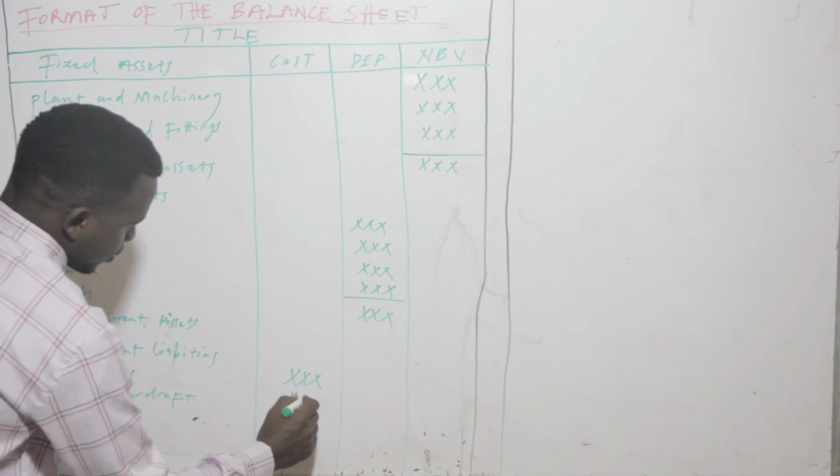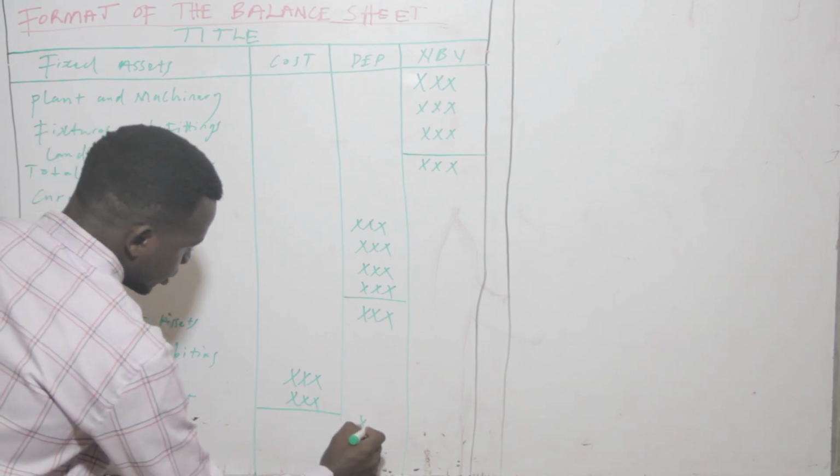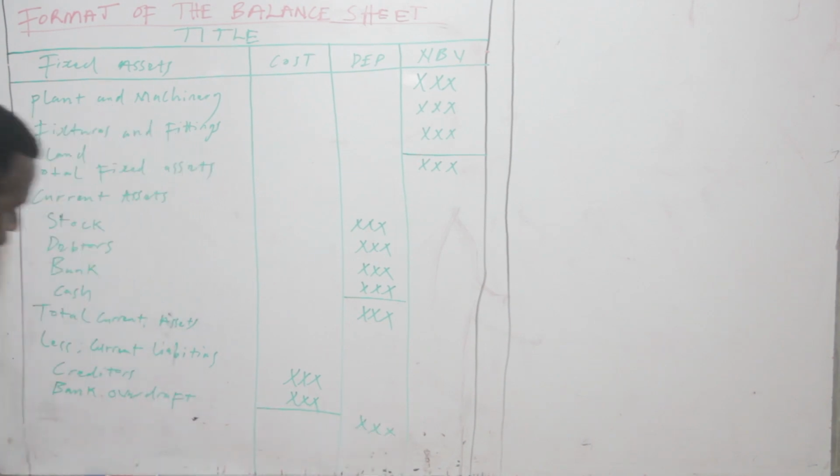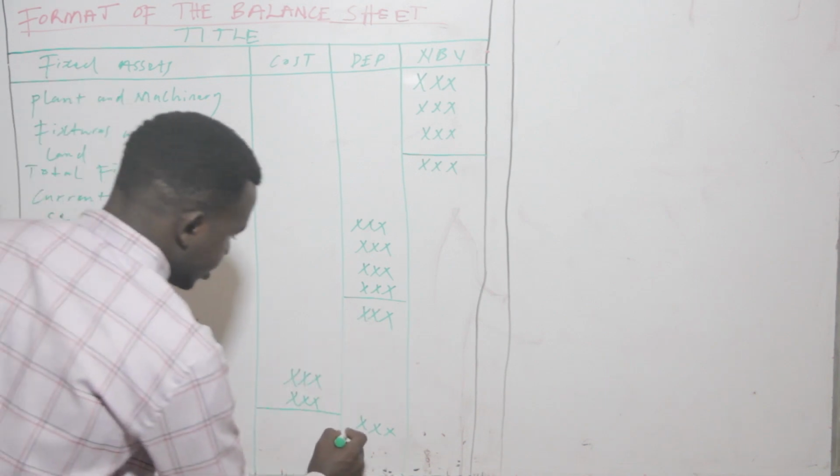Bank overdraft recorded here. So you can find the total of this. And that means that we're going to have total current liabilities. So this is going to be our total current liabilities.